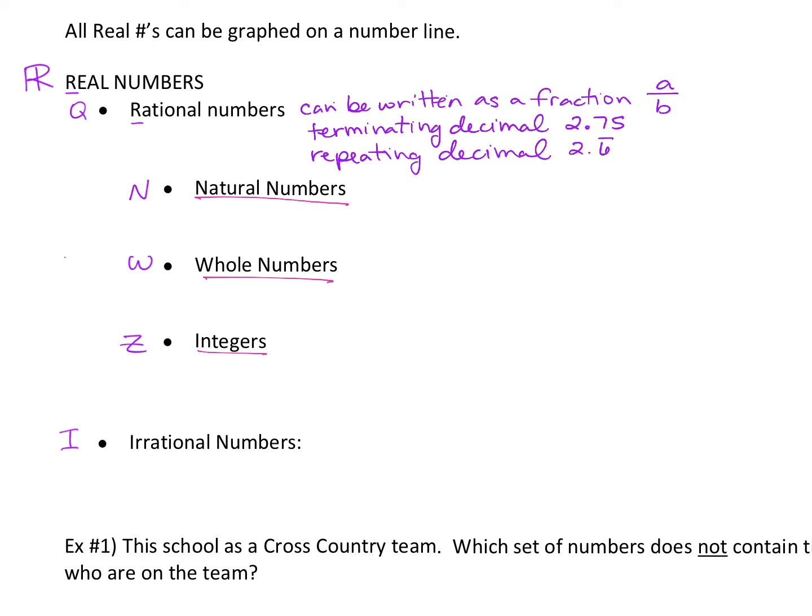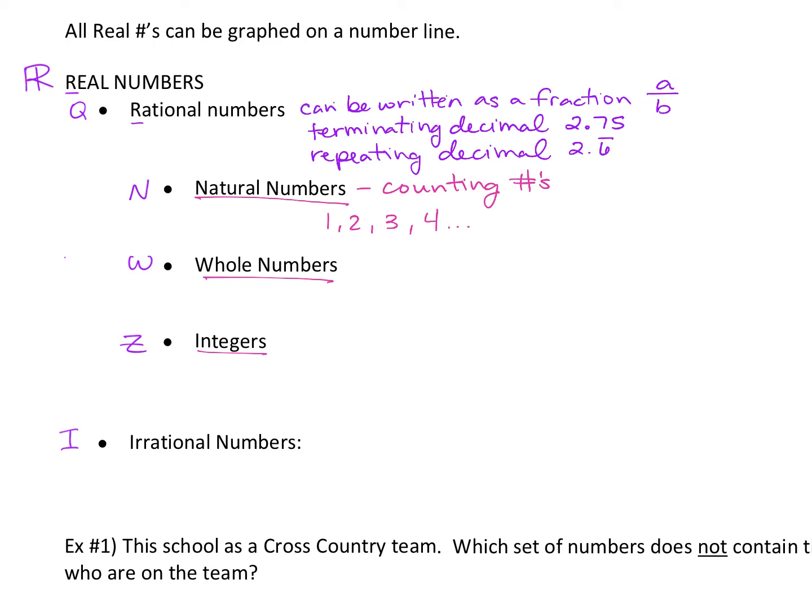I always say, if I were naturally going to count to 10, 1, 2, 3, 4. You start at 1, right? So the natural numbers are the counting numbers. So 1, 2, 3, 4, and so on and so forth. Those are the natural numbers.